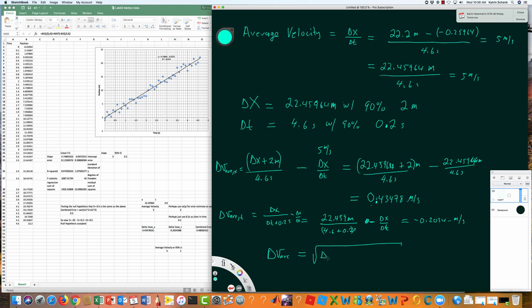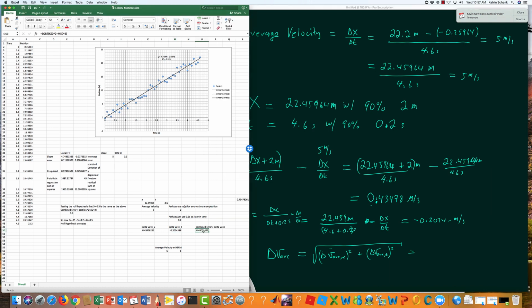So delta V average from the x change, plus delta V average due to the t change, and you square those two. You can see I do that here in my combined error, the square root of this thing squared plus this thing squared.